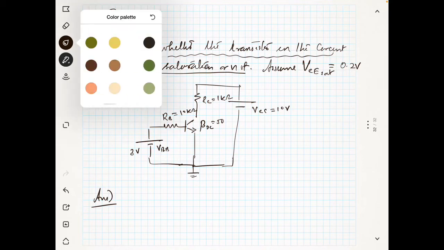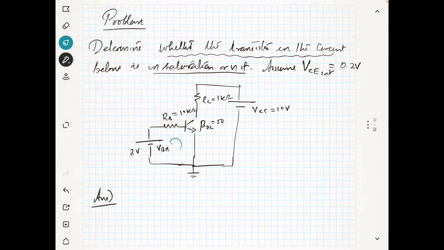Now, if we write the Kirchhoff law in loop 1, this is minus, this is plus, the current IB will be going inside, so this is plus and this is minus, and you know this voltage VBE is 0.7 volt.